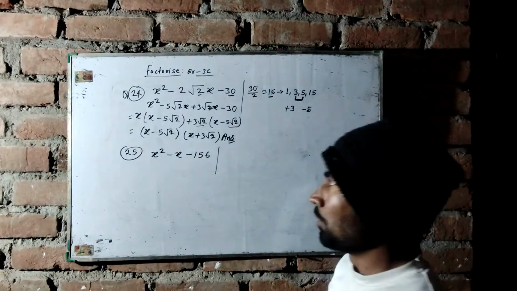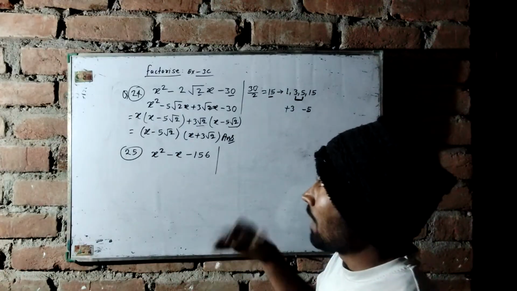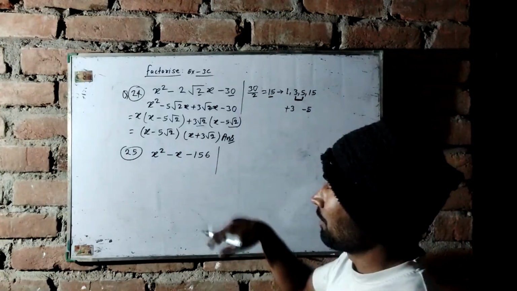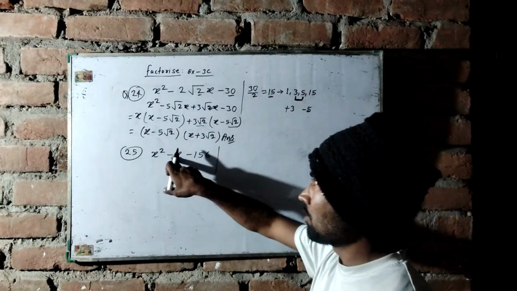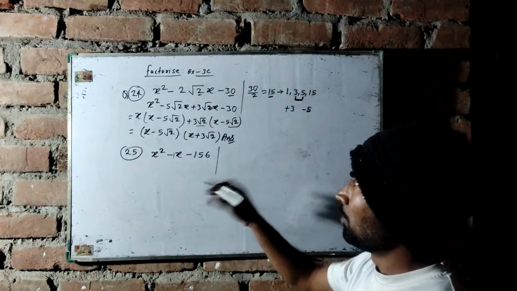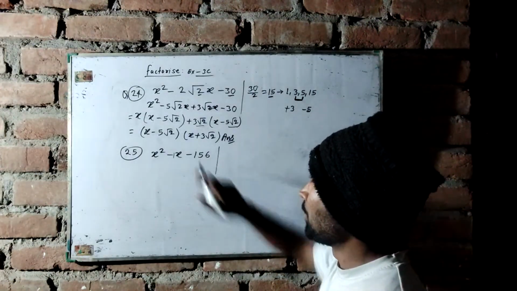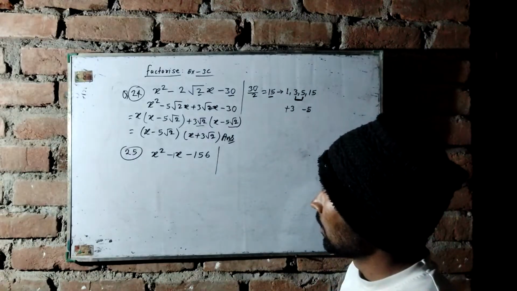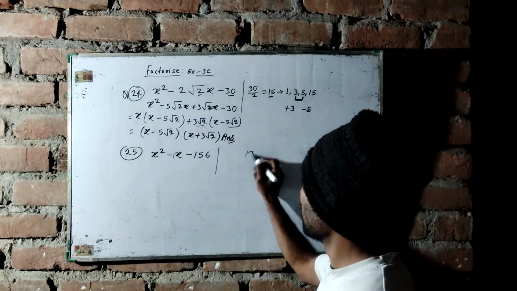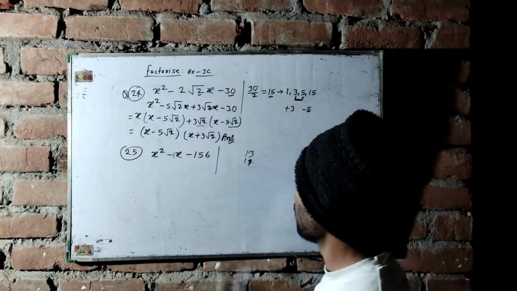Okay, so if you are able to find two factors whose difference or sum will be minus 1 and their product will be minus 156. So let me try. Okay, 13 and 12.